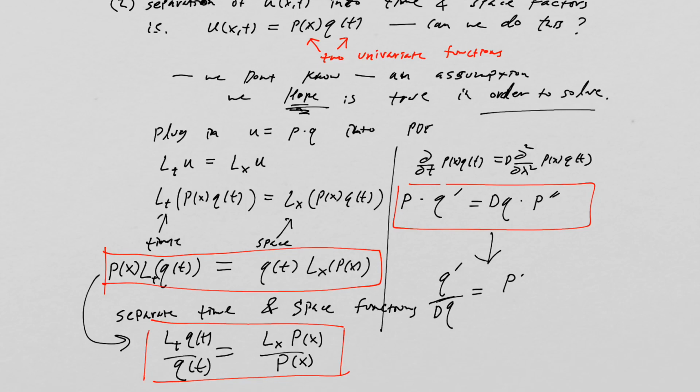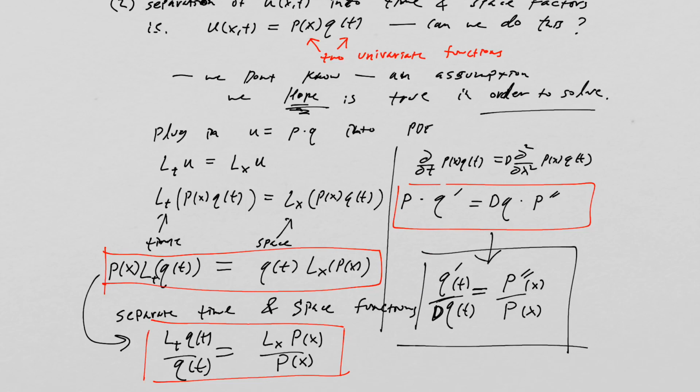And then we have a P double prime over P. All right, so remember that everything on the right-hand side is space, and everything on the left-hand side is time. And the constant D, I will place it on the time side, but in reality, you can place it anywhere you like. It turns out it's a little easier to always put the constant with the time side than the space side. And we'll see why in a little bit. All right, so there is our separated equation.